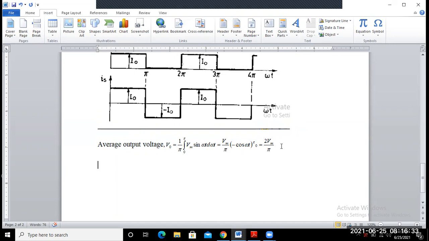So here the RMS value is given to you, 230 volt. So maximum voltage equals how much? Root 2 times the RMS value. So average voltage equals 2 into root 2 times the RMS voltage divided by pi.